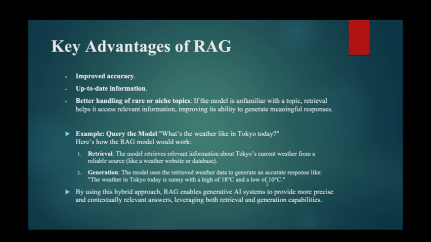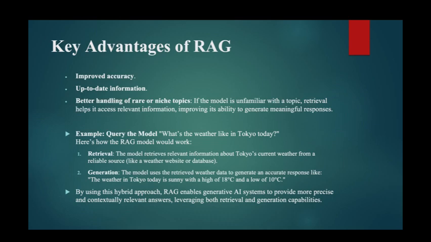Up-to-date information: since the system can retrieve recent or specialized data, it can offer answers that are more current or domain specific. Then comes better handling of rare or niche topics. If the model is unfamiliar with the topic, retrieval helps in accessing relevant information, improving its ability to generate meaningful responses.